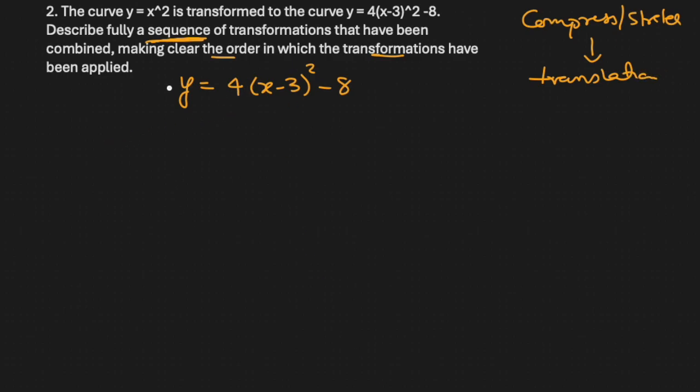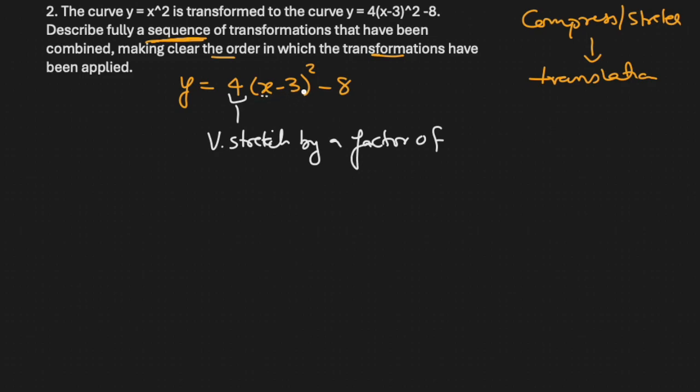So let me mark them one by one. This one is a vertical stretch by a factor of 4. Is there any compression or stretch in the horizontal direction, or x direction?